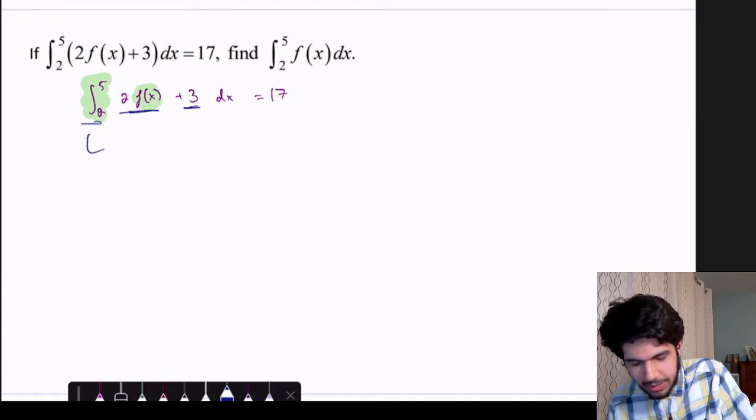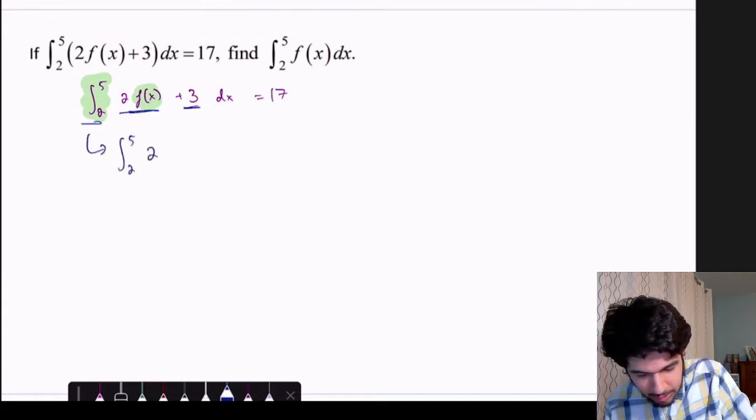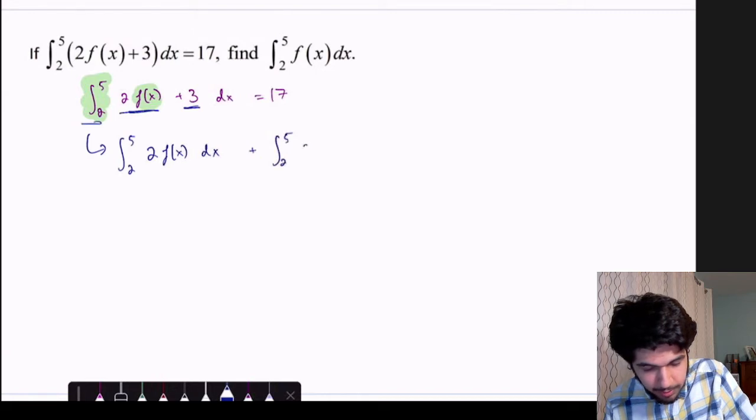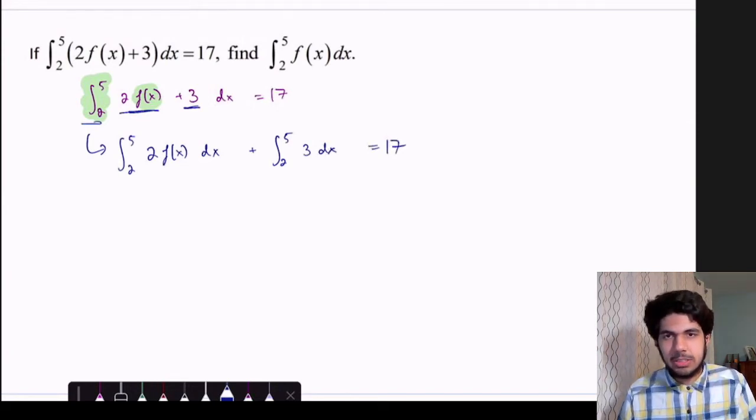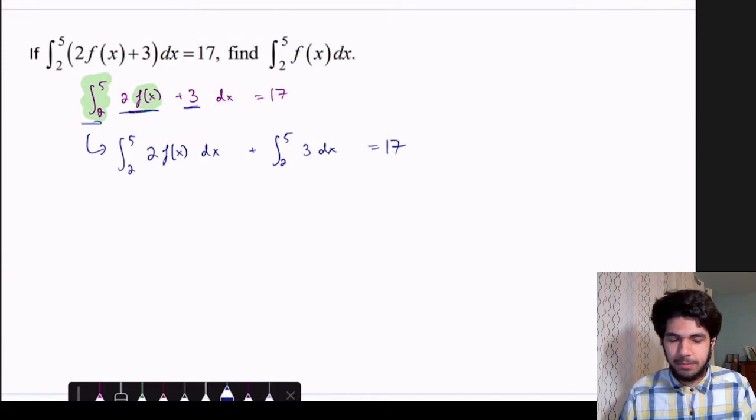So what I mean by that is we should remember a property that would say that what I'm writing now is equivalent to the first expression. That's just a property of integrals, being able to split them apart when you're adding them.